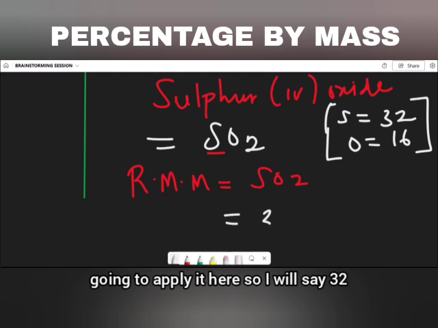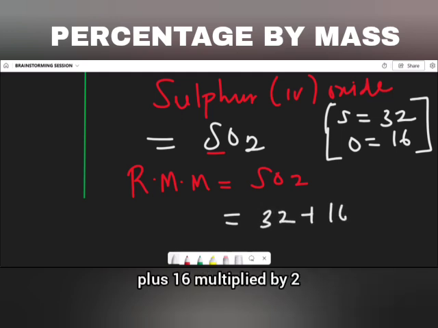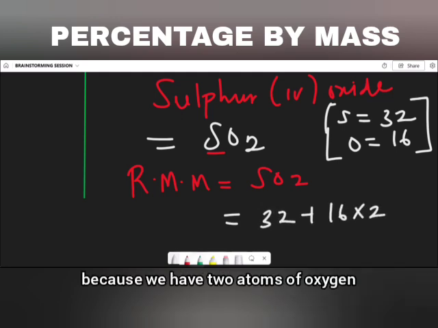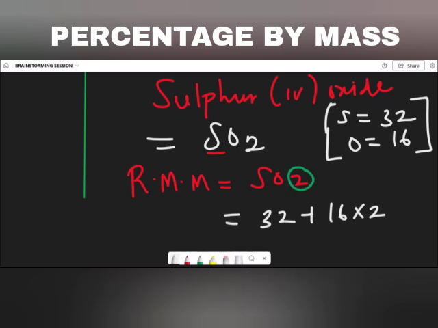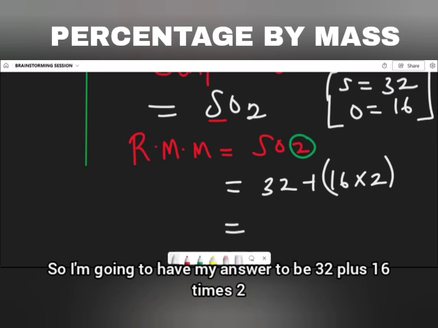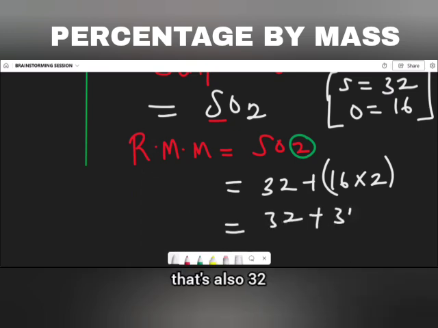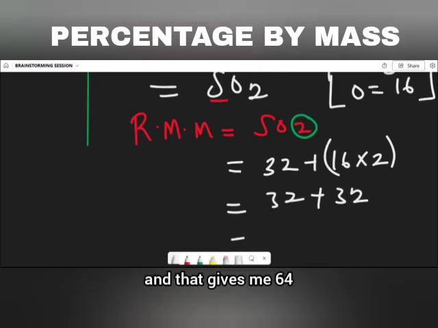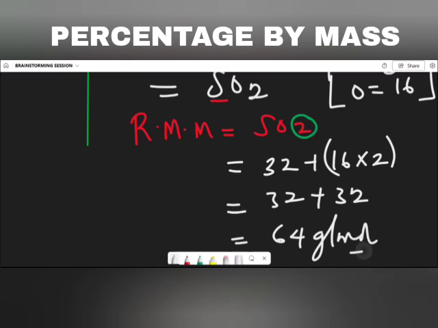I will say 32 plus 16 multiplied by 2, because we have 2 atoms of oxygen. That's 32 plus 32, which gives me 64 grams per mole. So this is the molar mass of SO2.